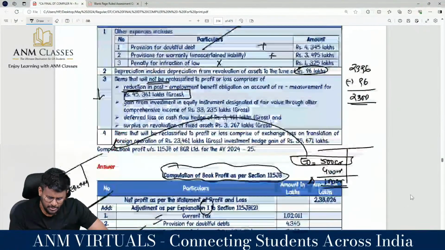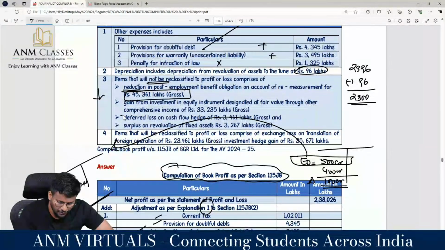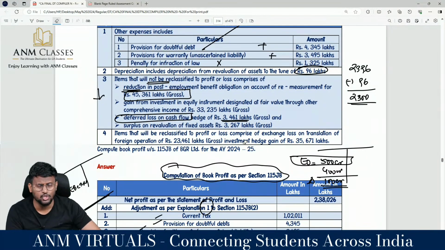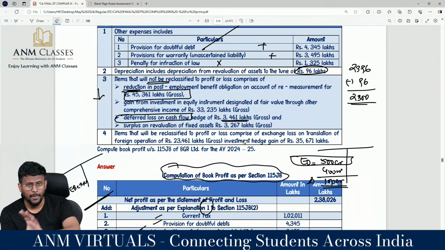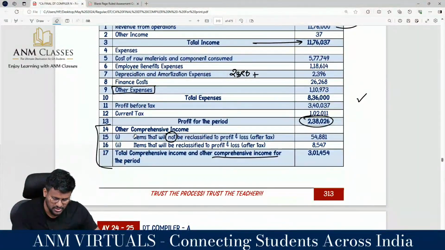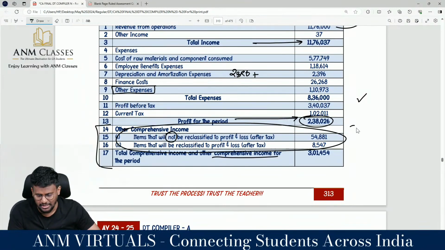Whereas, deferred loss on cash flow hedge, 3461. This is a deferred loss. Loss means it should have been debited to the P&L account, but you have not debited it to the P&L account. You have adjusted through the OCI, and my starting point is profit for the year only. That means this item has not been adjusted.